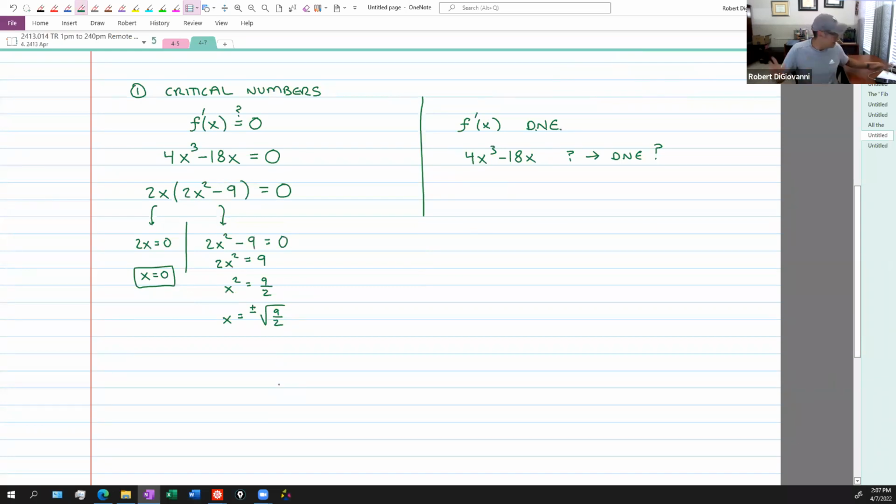I'll get my calculator to do that and get a decimal. So on my calculator, I'm just going to do 9 divided by 2, and then take the square root of that. And this is approximately x equals plus or minus 2.12.